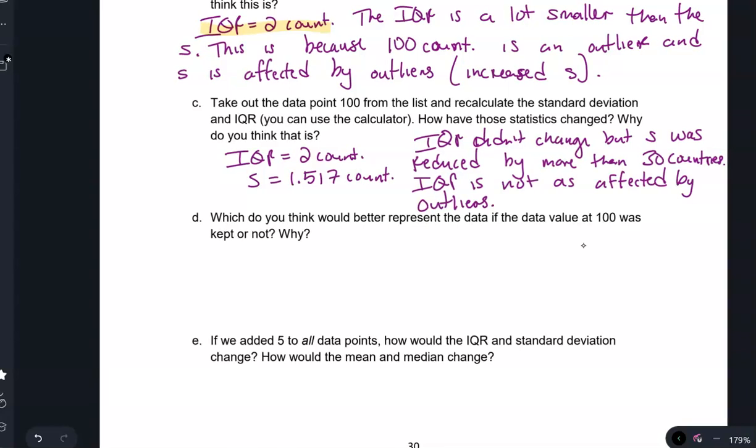Okay. Which would be a better representation of the data if 100 was kept or not?